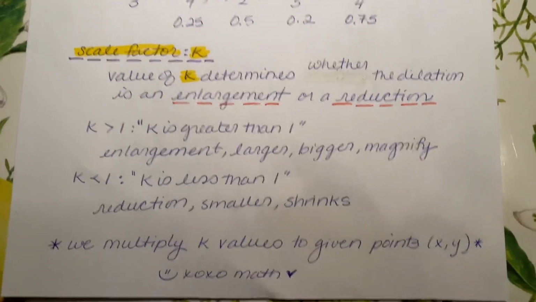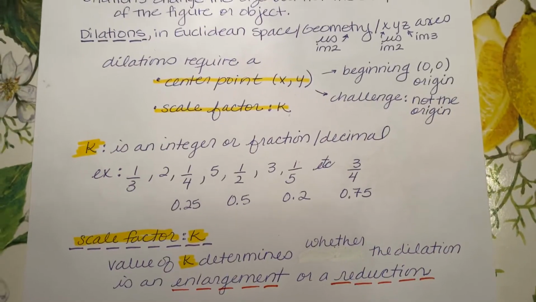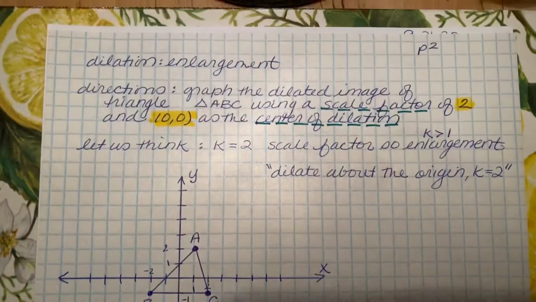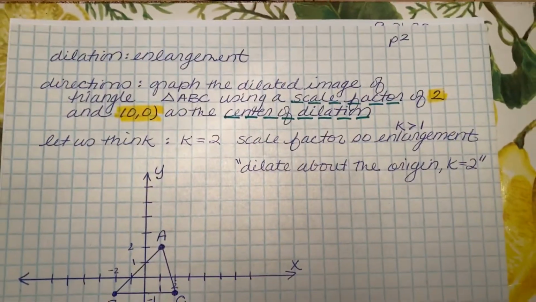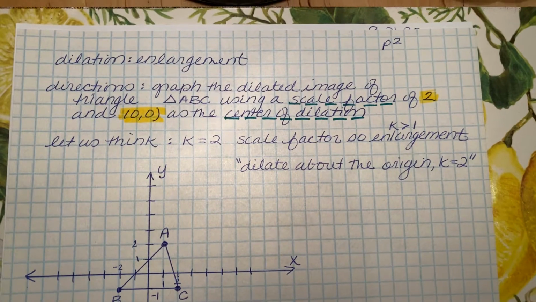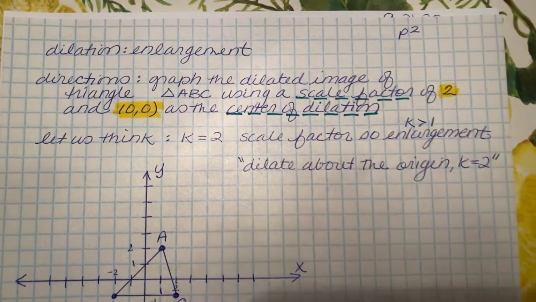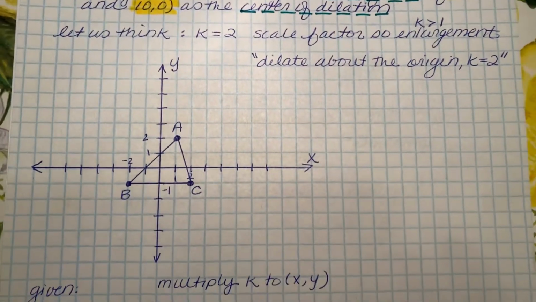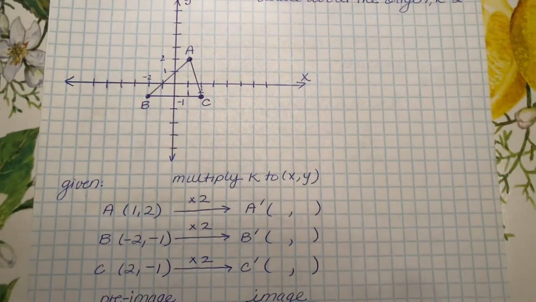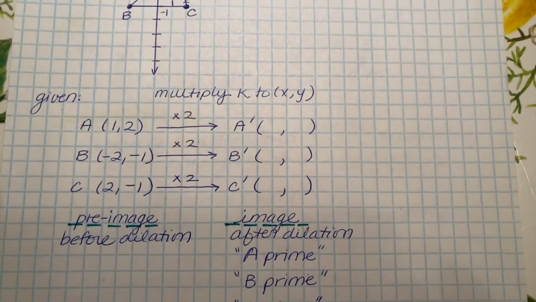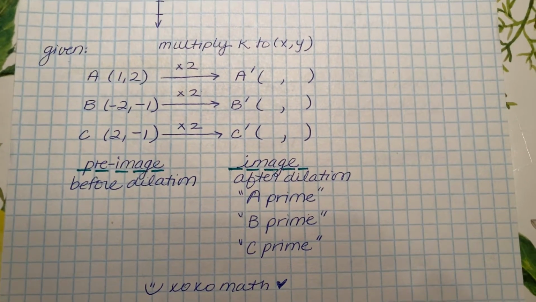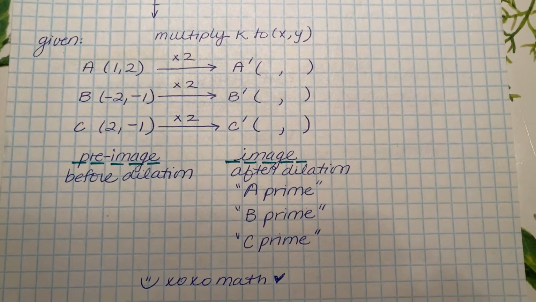Right, so I'll pause it at some point. All right, that's page 1. Page 2 is now graph paper. The first example, on page 2, is an enlargement. If you're wondering what the points are, they're right here. So A is (1, 2), B is (-2, -1), C is (2, -1).